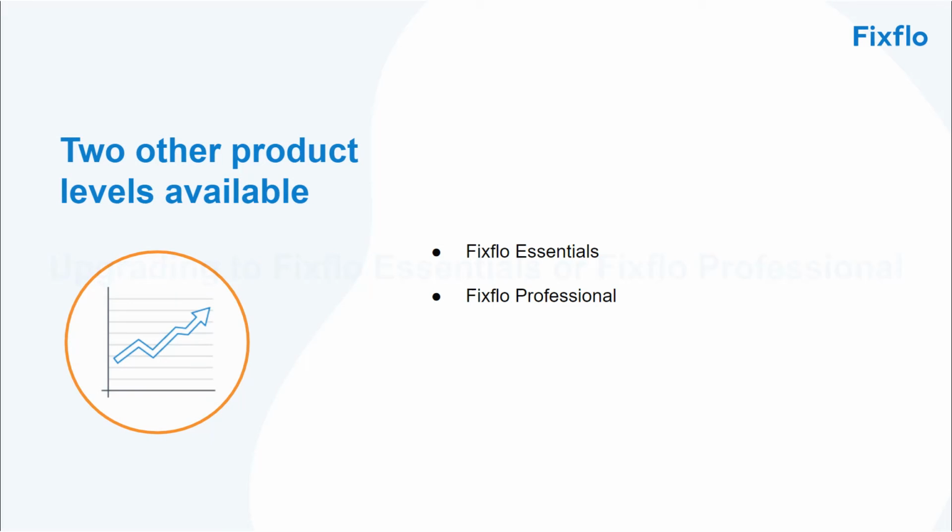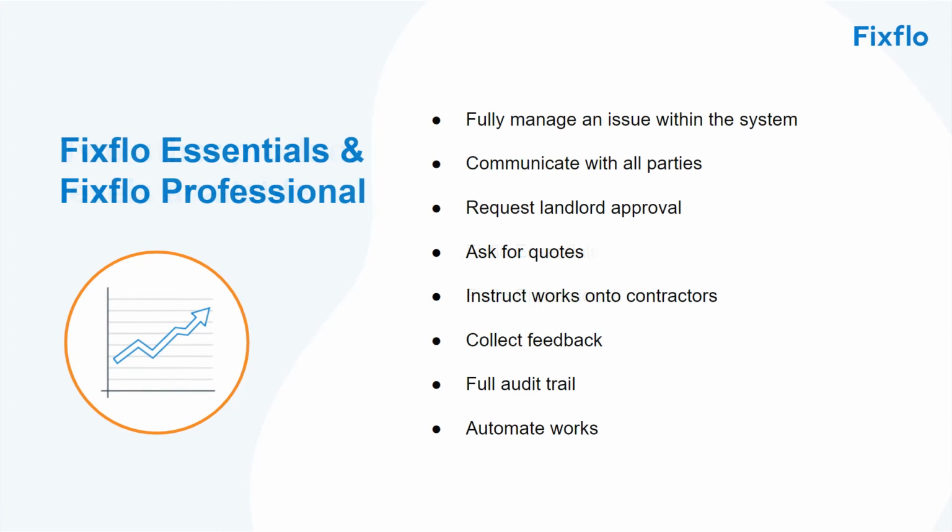We have two other product levels available for you, Fixflo Essentials and Fixflo Professional. These allow you to fully manage an issue within the system, enabling you to communicate with all parties, request landlord approval, ask for quotes, and instruct works onto contractors.